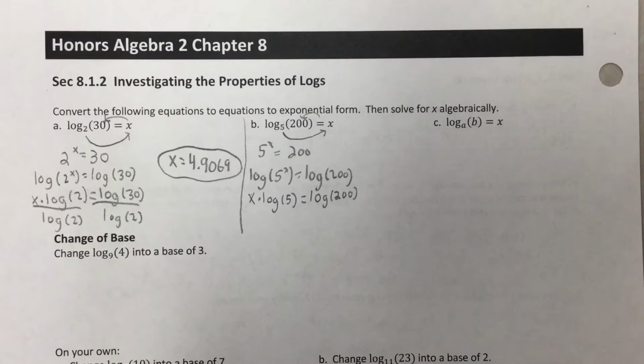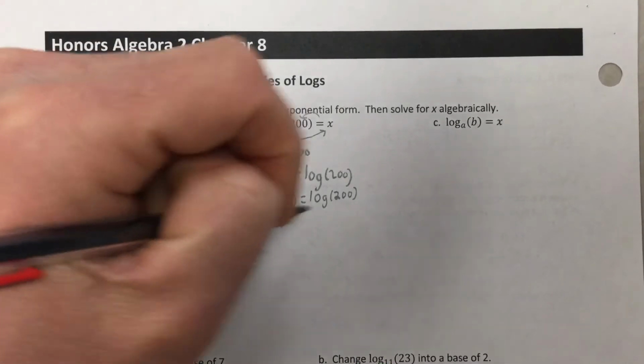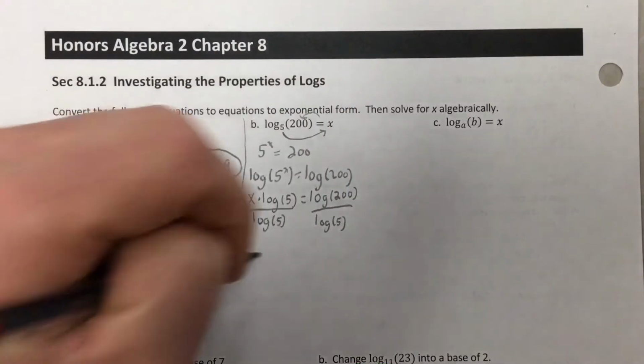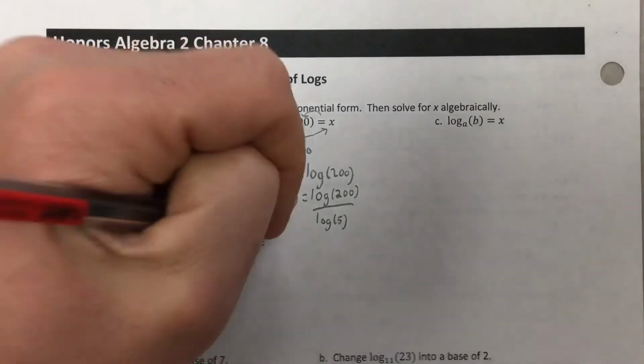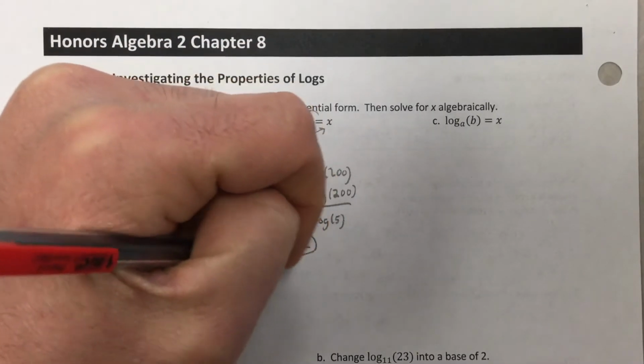And to get the x by itself, we're going to divide by log of 5. So if I type log of 200 divided by log of 5, I get 3.292.